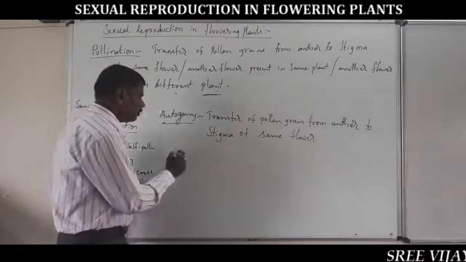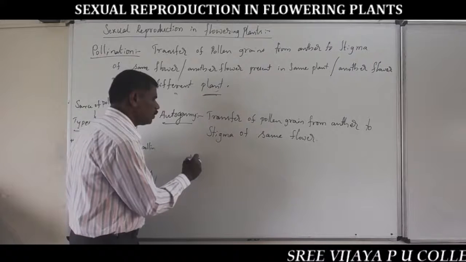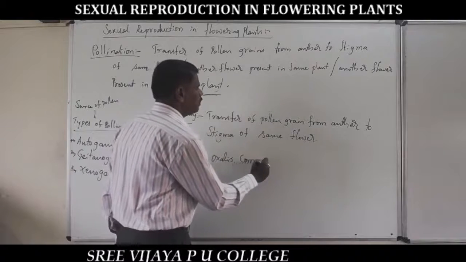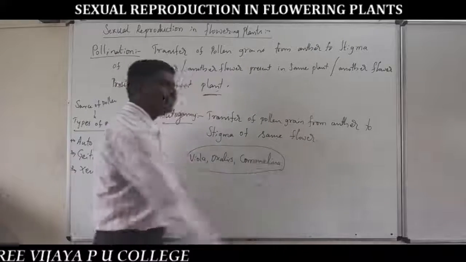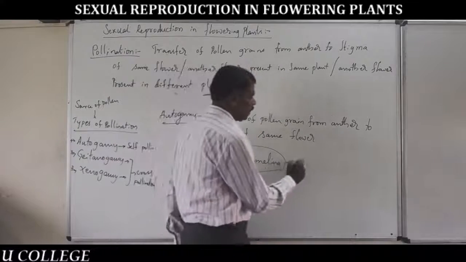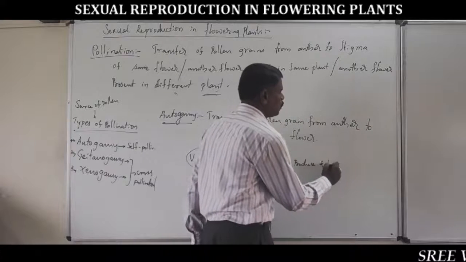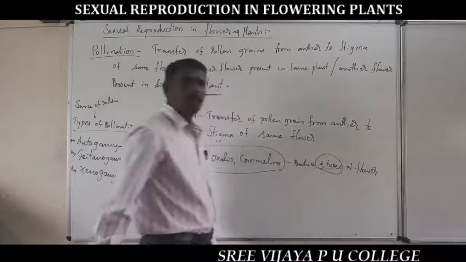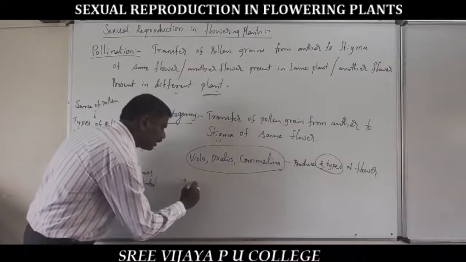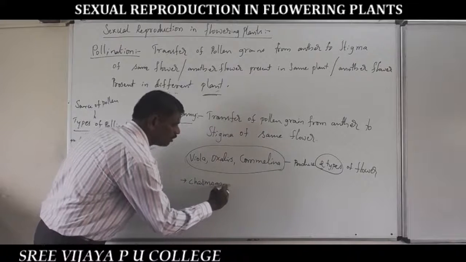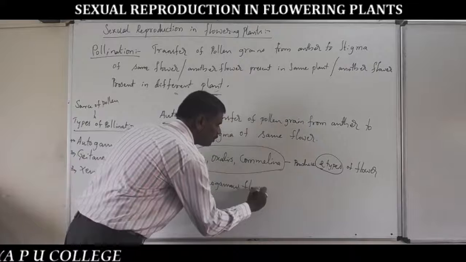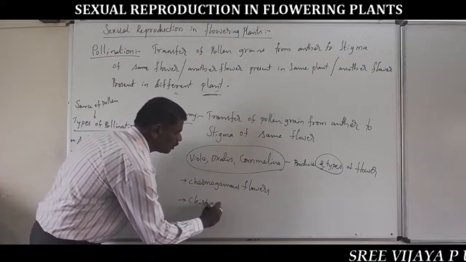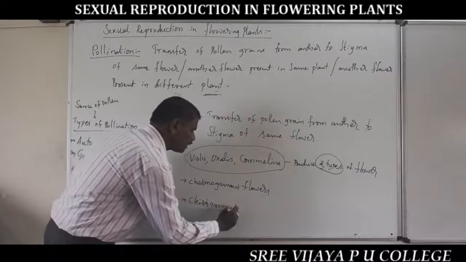But in certain plants like Viola, Oxalis and Commelina, these plants produce two types of flowers. These two types of flowers are chasmogamous flowers and clistogamous flowers.